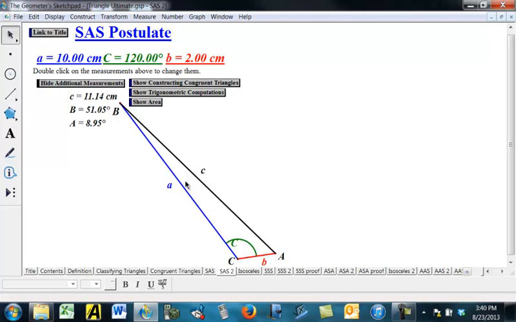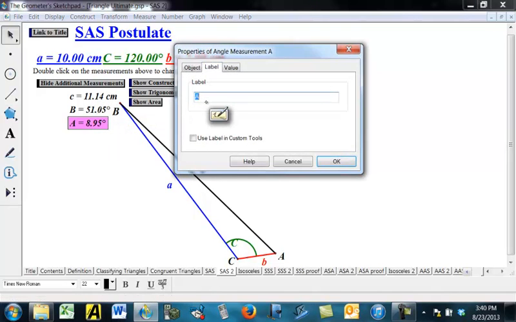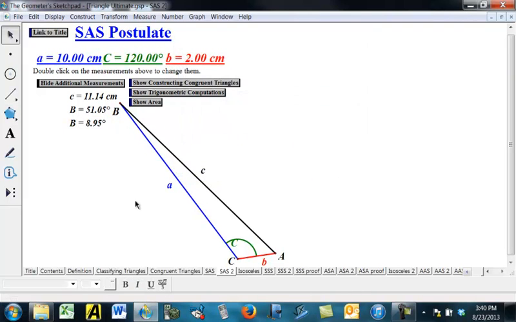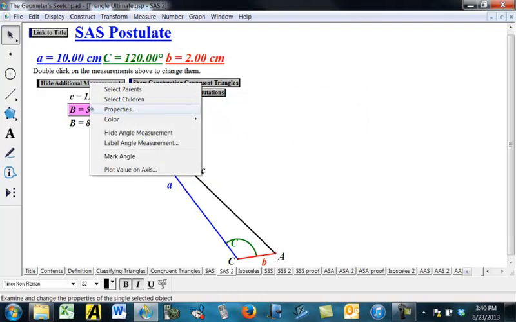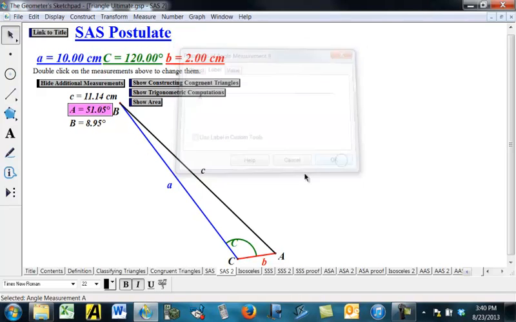Okay, these are labeled correctly, these are not labeled correctly. So this one is angle B. So let me label that B. And we'll label this one angle A. Okay.